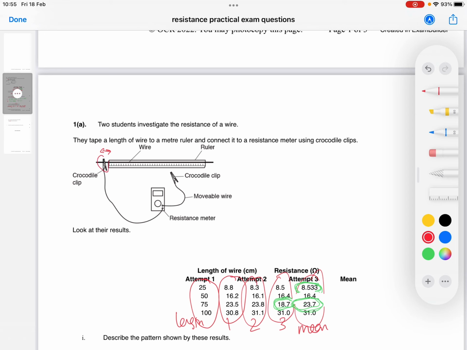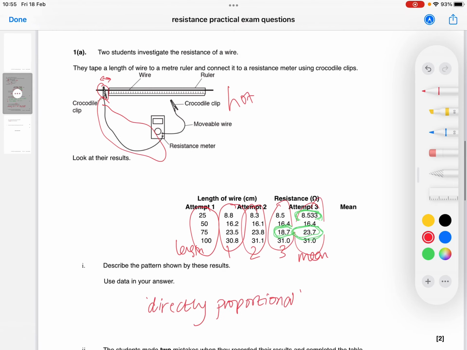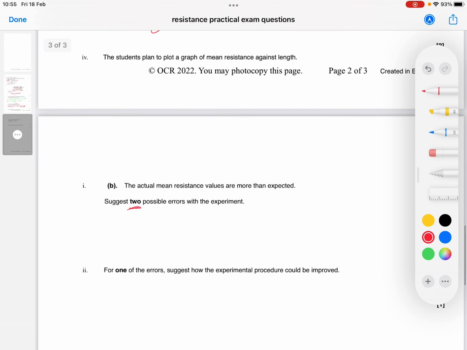The resistance of the crocodile clip, the resistance of the lead, they all get added on, the fact the crocodile clip isn't on the end, and the fact that it could get hot. So there are four possible things you could write down. You only need two of them. So where are we? Resistance of lead and croc clip added on.